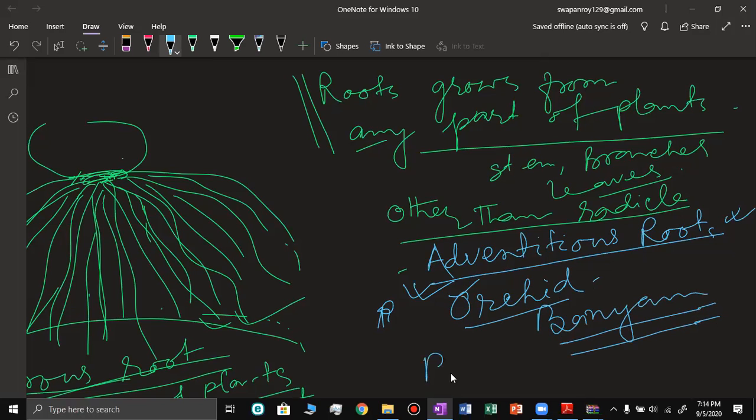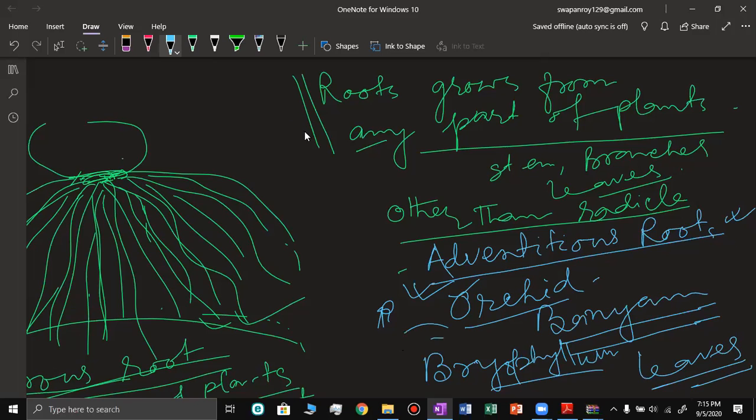We can find adventitious roots in the bryophyllum, where the roots come out from the leaves. Okay, so these are adventitious roots.